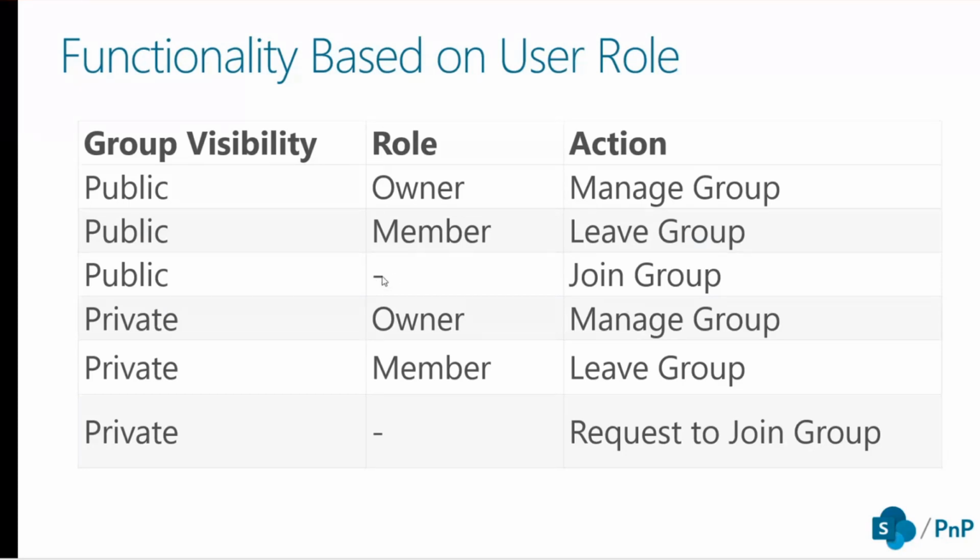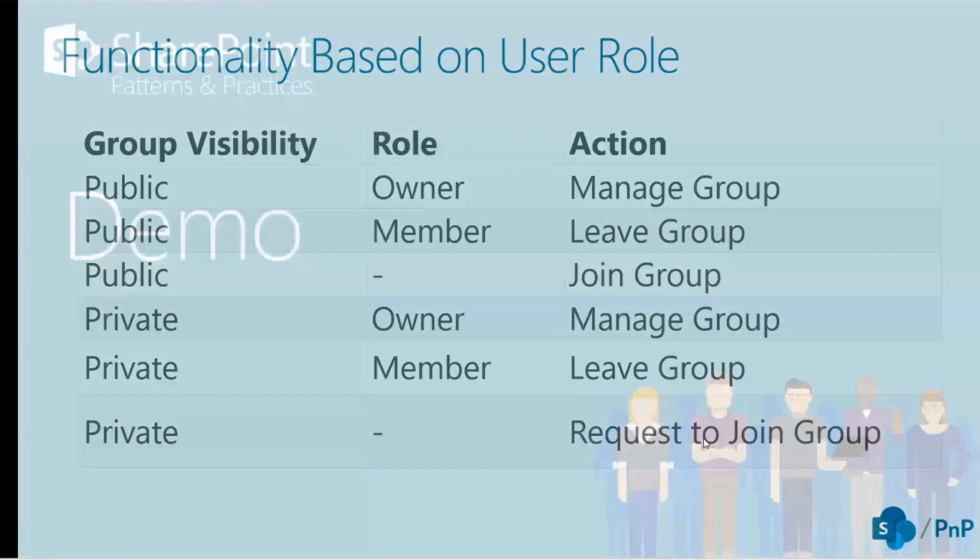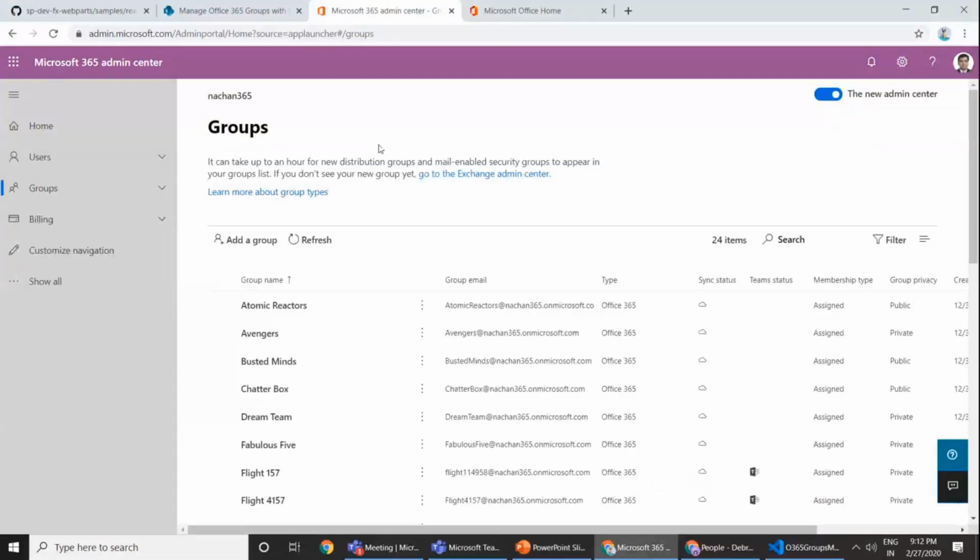If you are not part of that group, you will be able to join it. If the group visibility is private and you are the owner, again you will be able to manage the group. If you are a member, you will be able to leave the group. And if the group is private and you are not part of it, you will be able to request to join that group. We will see that in a demo.